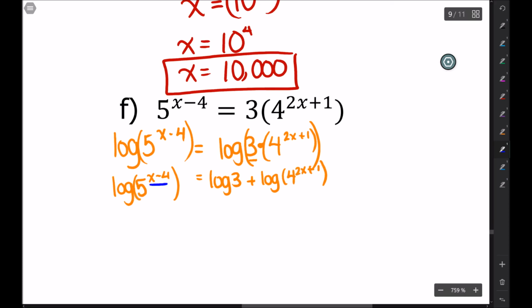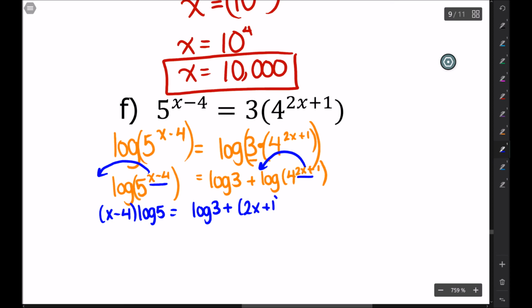And that's why we do it, so that if we have our variable in our exponent, if we bring it out front, now it's a lot easier for us to solve it. So this ends up becoming x minus 4 times log of 5 equals the log of 3 just stays log of 3, and then this becomes 2x plus 1 times the log of 4.